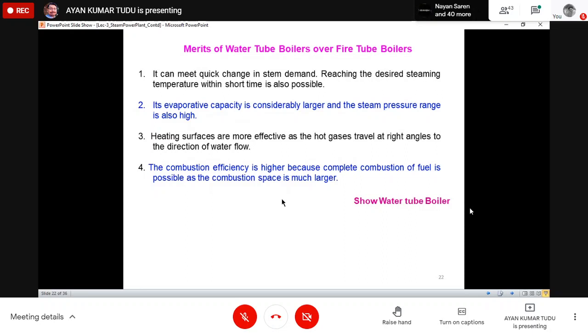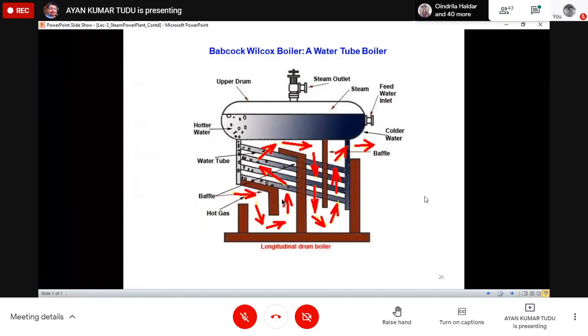Heating surfaces are more effective as hot gases travel at right angles to the direction of water flow. As you can see from the figure, the hot gases are traveling at right angles to the direction of the water flow, because of which the heating surfaces are more effective.